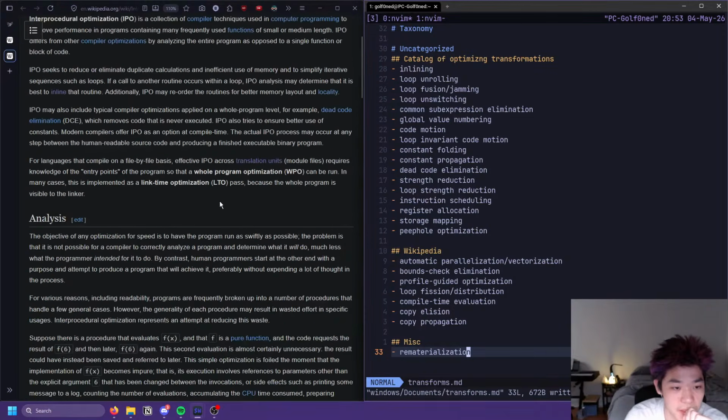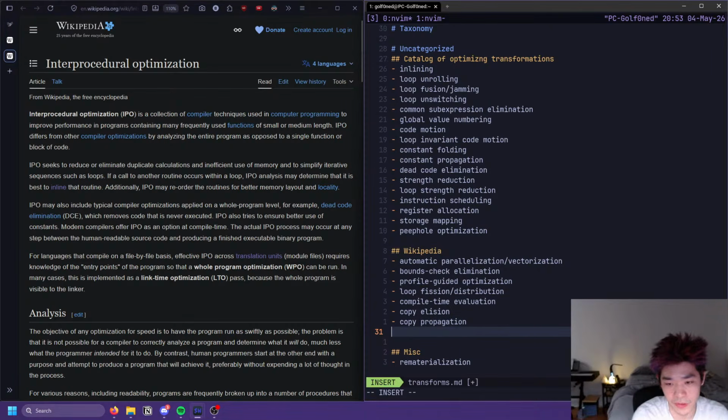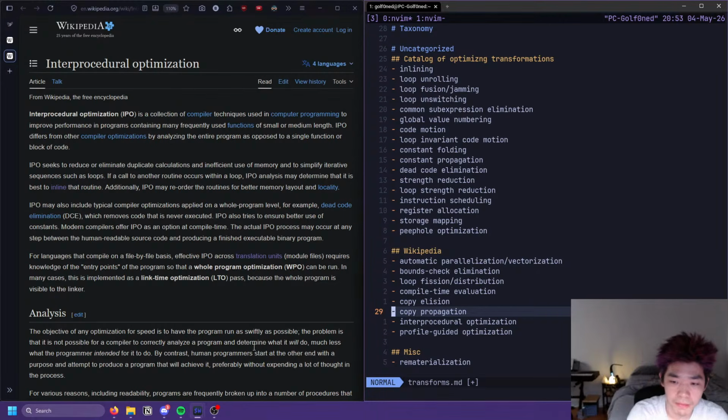Let's see. Yeah, I guess IPO kind of gets its own little category as well. I guess we could put this under profile guided as well, right? This kind of gets its own little pile.